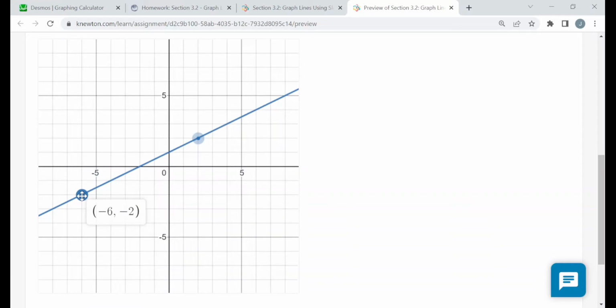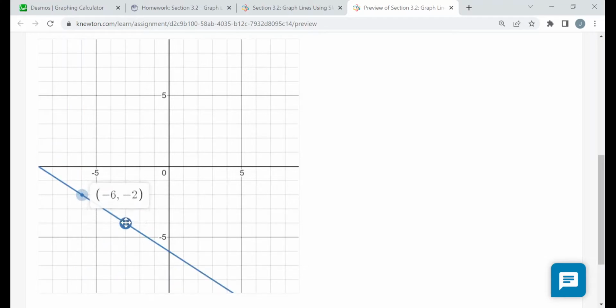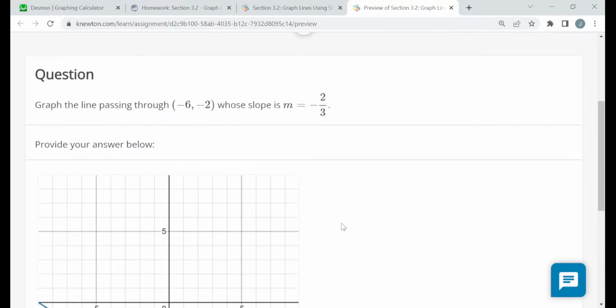And then on the graph I made by hand, I went down 2, right 3. From this point, there's the point negative 3, negative 4. That was also on my graph, and there's a line going through the point negative 6, negative 2 with a slope of negative 2/3.